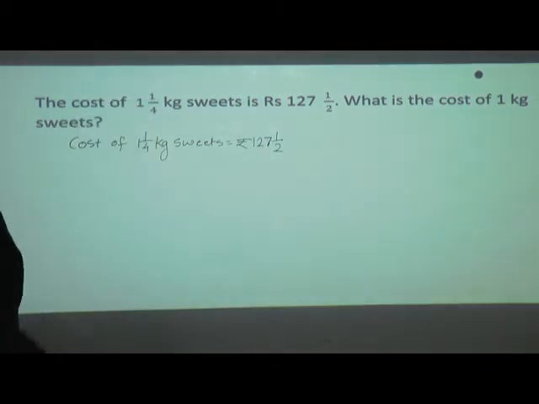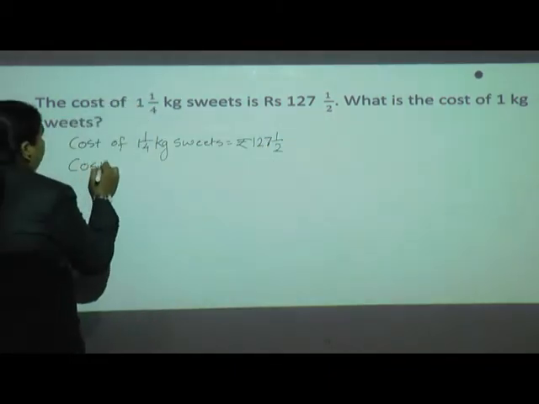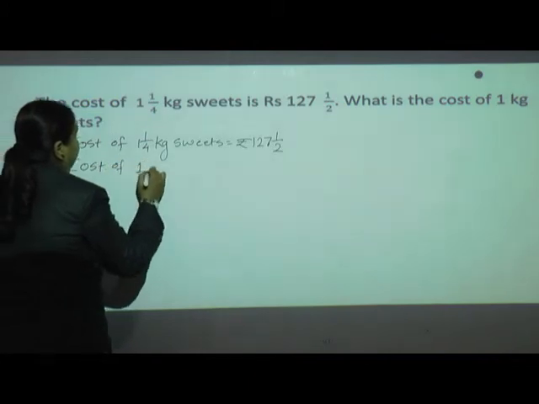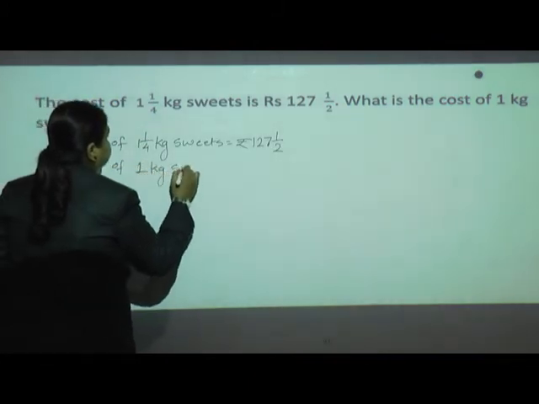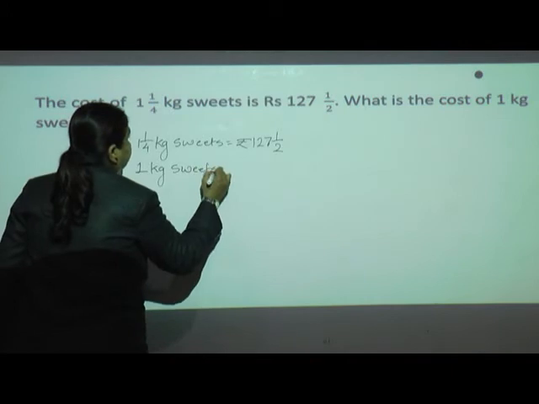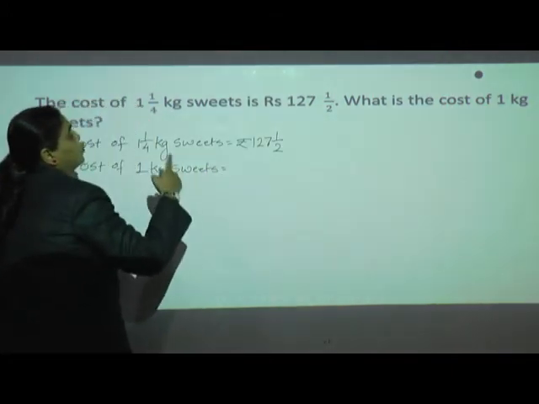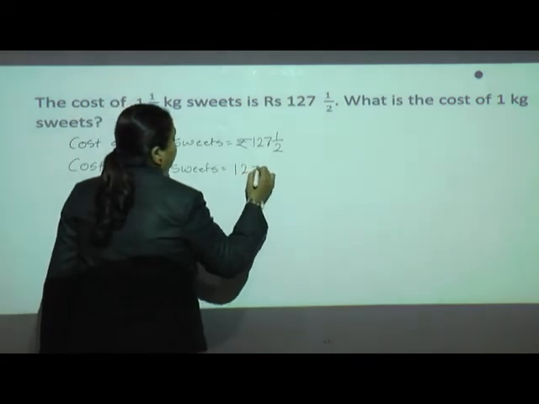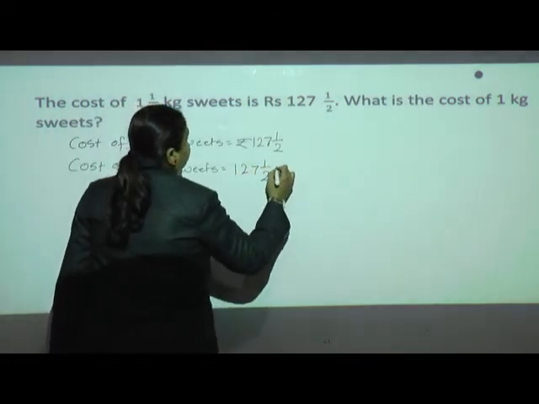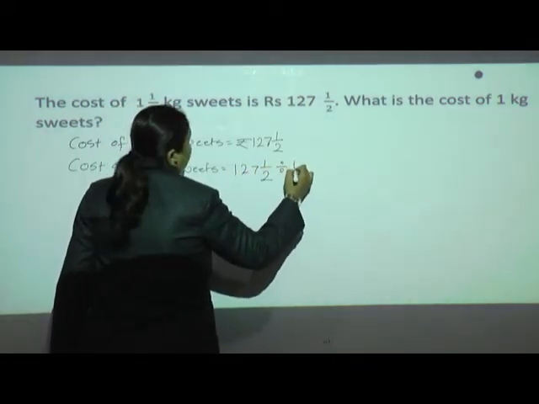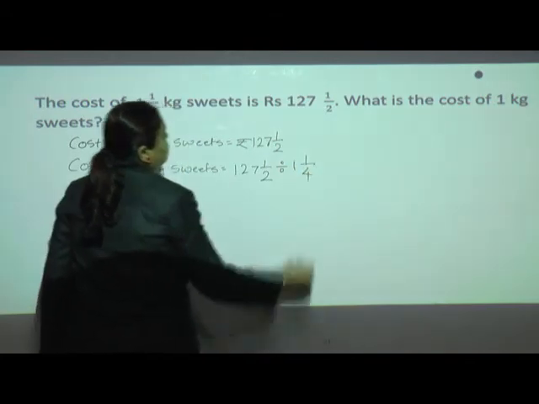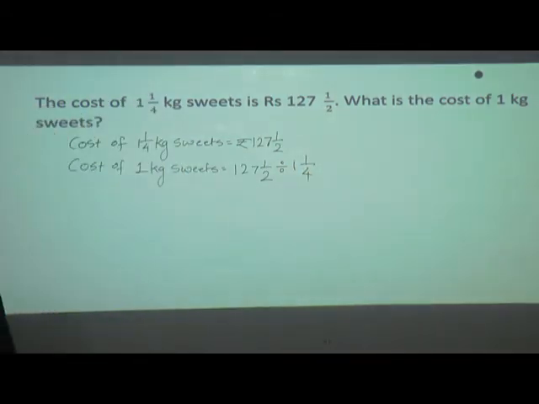What is the cost of 1 kg of sweets equal to? What will this be? We have to divide. So 127 1/2 divided by 1 1/4.